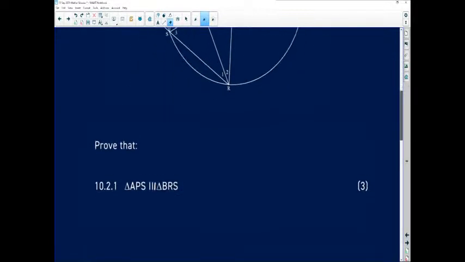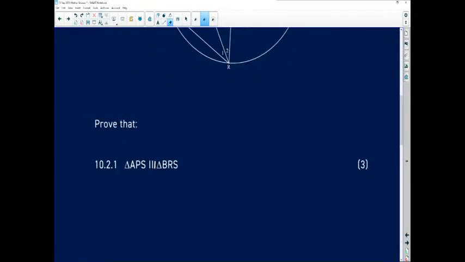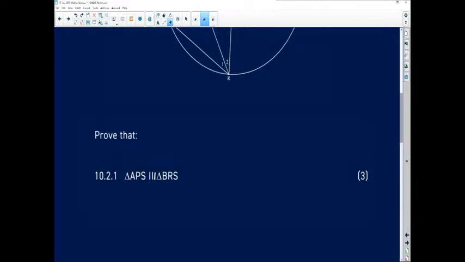Okay, the first question is asking us to prove that triangle APS is similar to triangle BRS. One person is asking, how do you actually prove similarity? The first thing you need to understand is that in similarity, we're just trying to prove that the corresponding angles of these two triangles are actually the same.